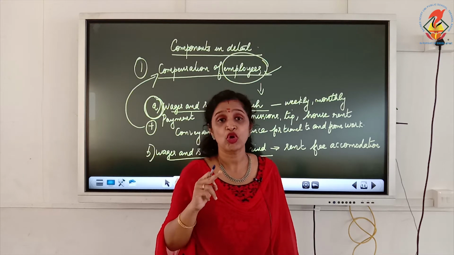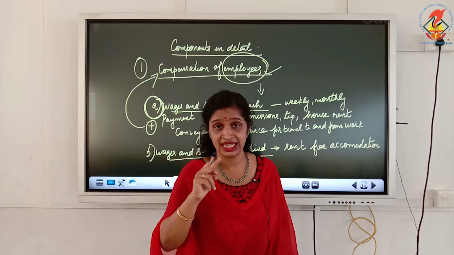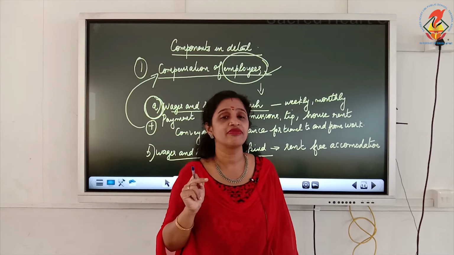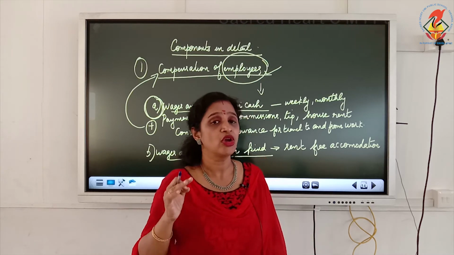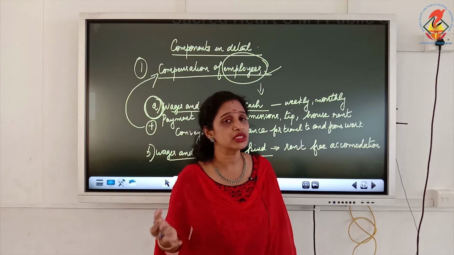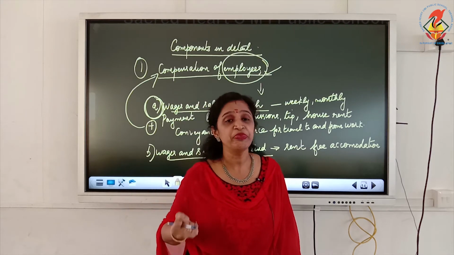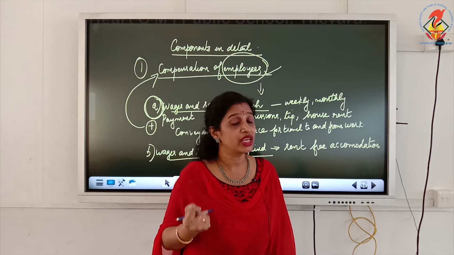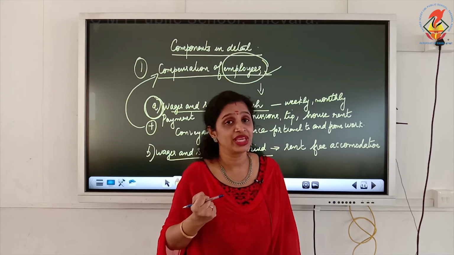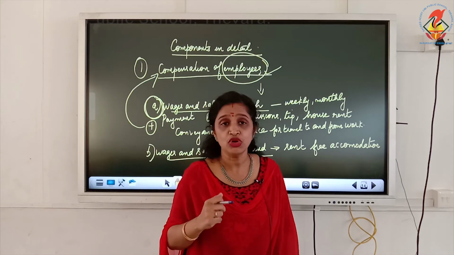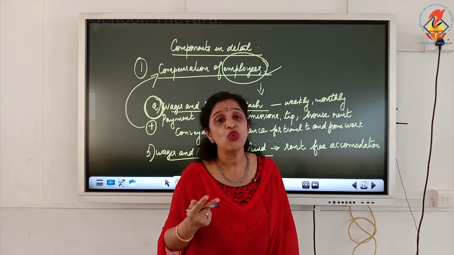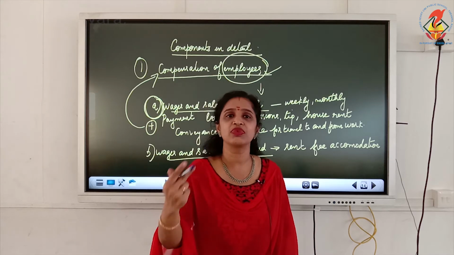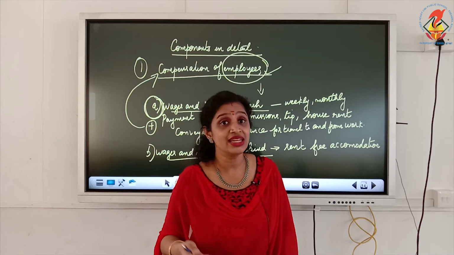This is a very important point to be noted. How many kinds of remuneration does an employee receive? An employee will receive two kinds of compensation: wages and salaries in cash, and wages and salaries in kind.